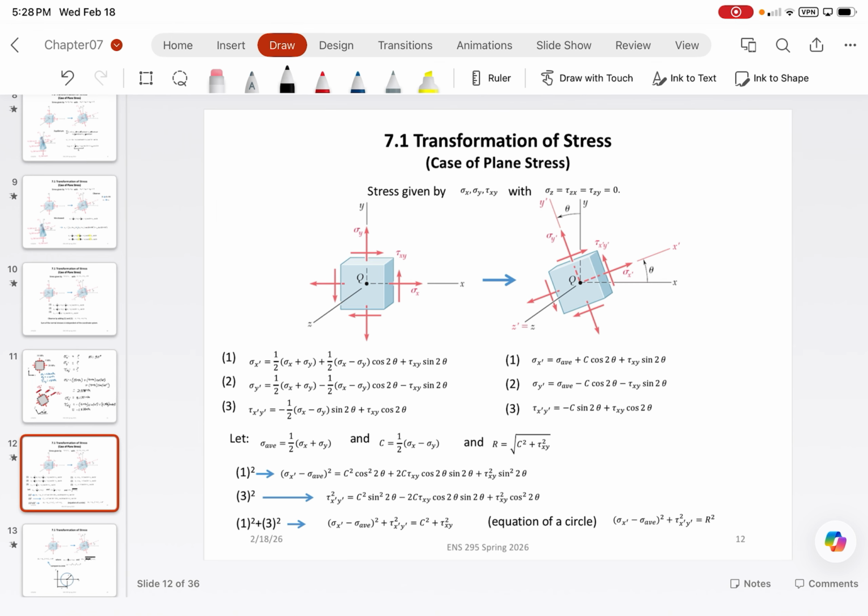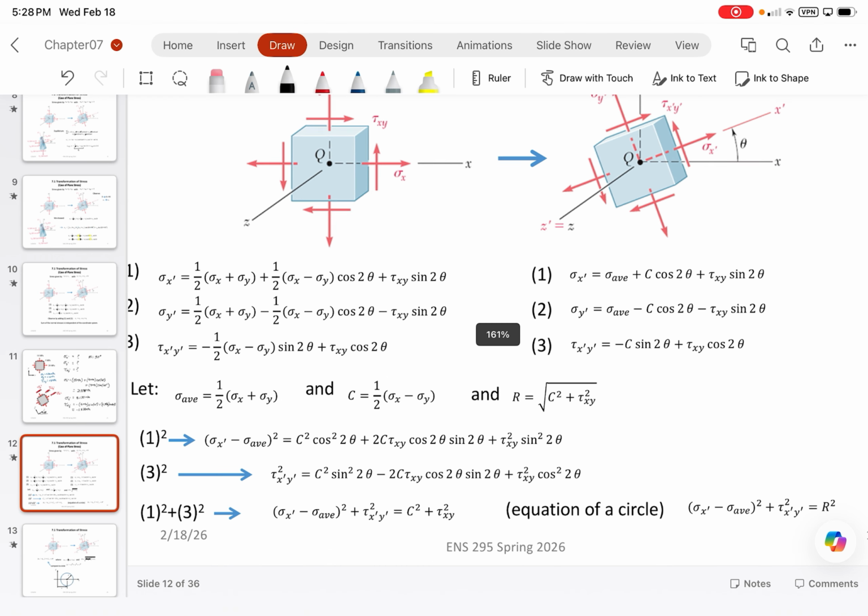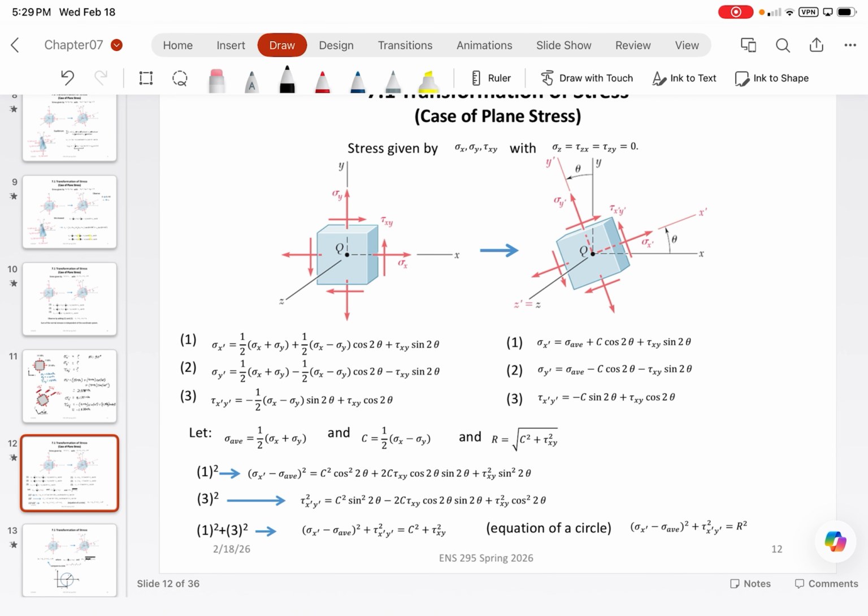Next slide is basically just analyzing this relationship and how we can plot this entire thing. What you'll notice is we can geometrically manipulate all of our equations to get the equation of a circle. You can follow the steps here, but this is where I was telling you I would highly encourage you to note sigma average and C, because this is where that term C comes into play.